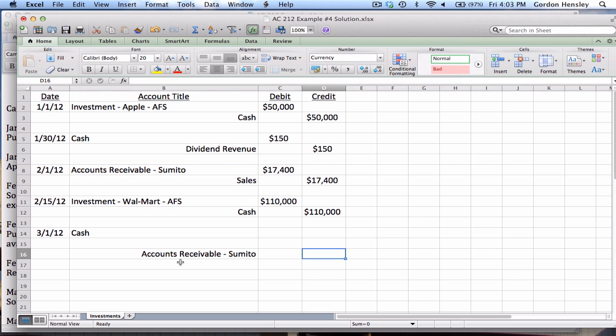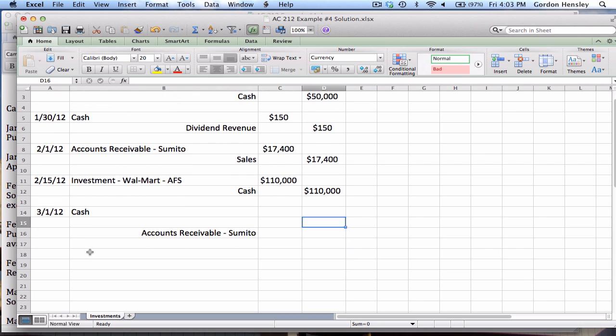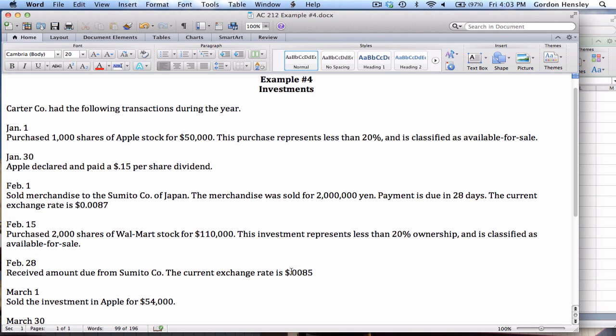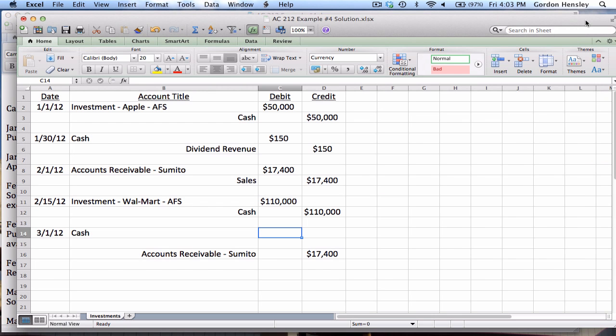And here's where the labeling comes in handy. If I go back and look for the Sumitomo account receivable, where do I see that? That's up here on February 1st. That was $17,400. So I'm going to use the same amount down here. But on cash, I'm going to use a different amount. I'm going to use the current exchange rate. The current exchange rate is 0.0085.